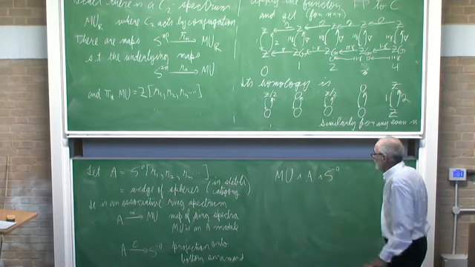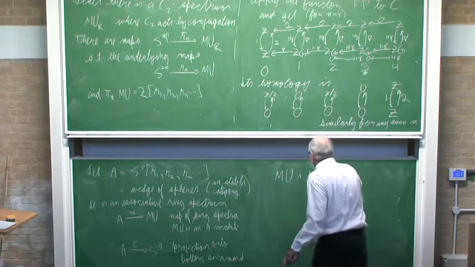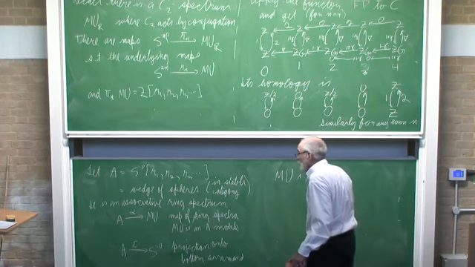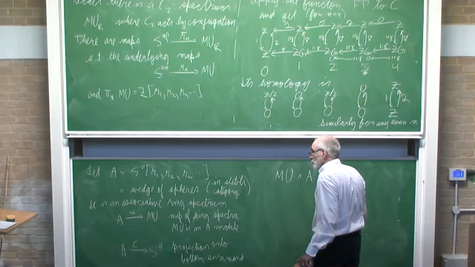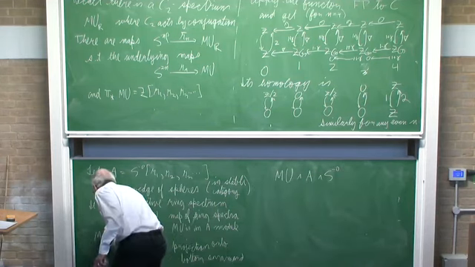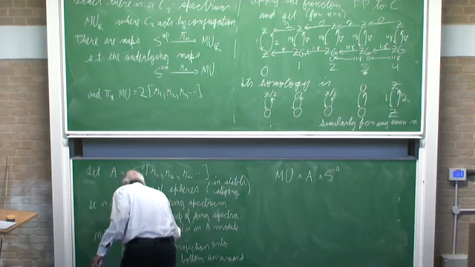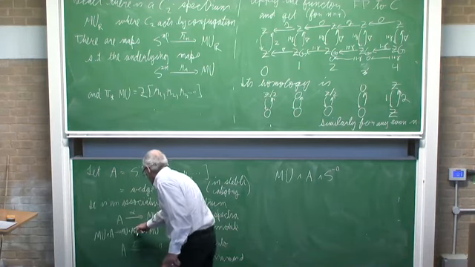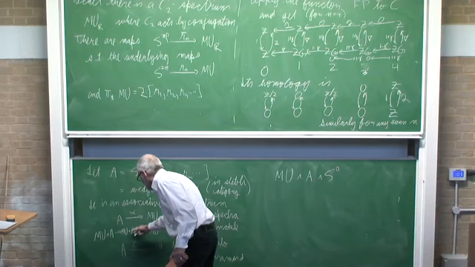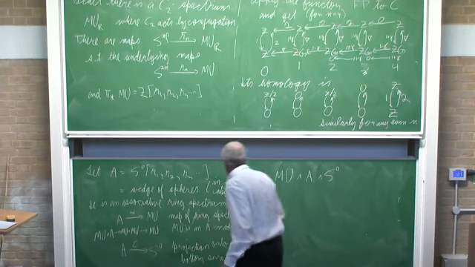Let's take the smash product of MU with A with the sphere spectrum. I can use the multiplication, since MU is a commutative ring, to produce a map from MU smash A to MU.